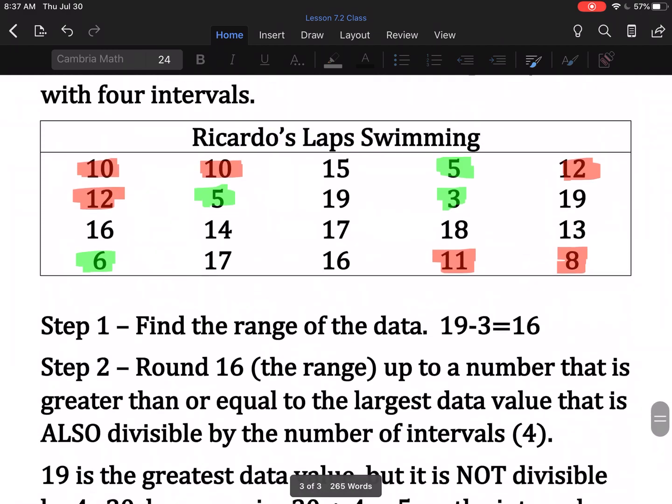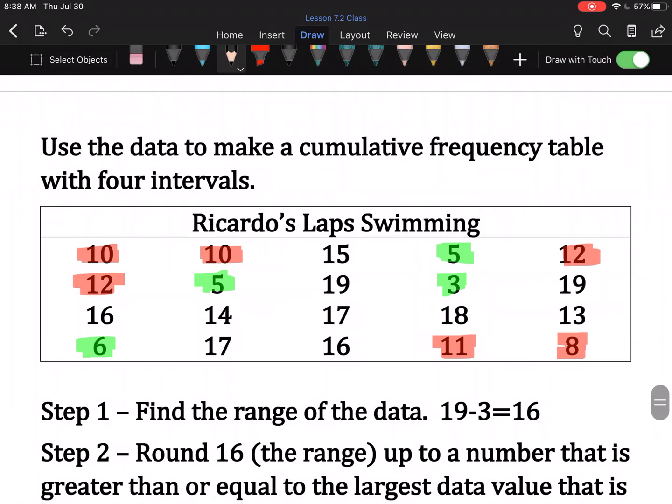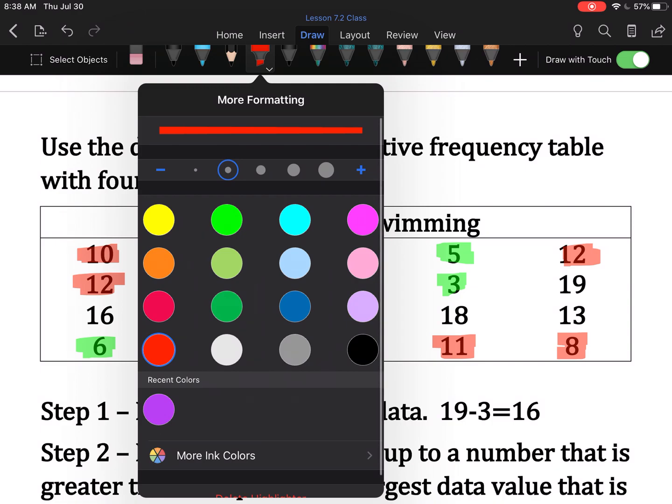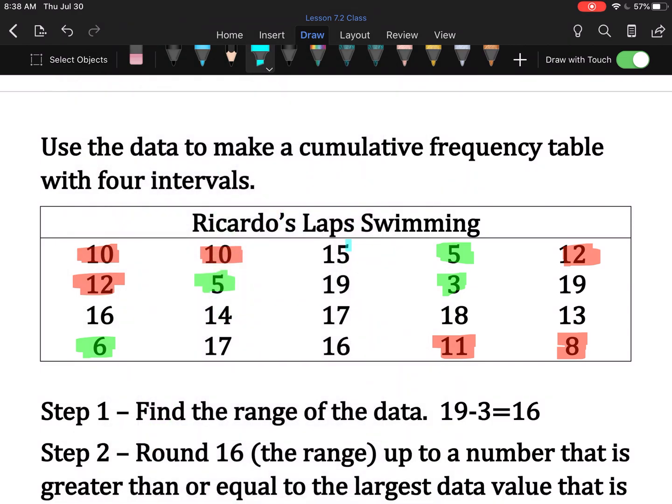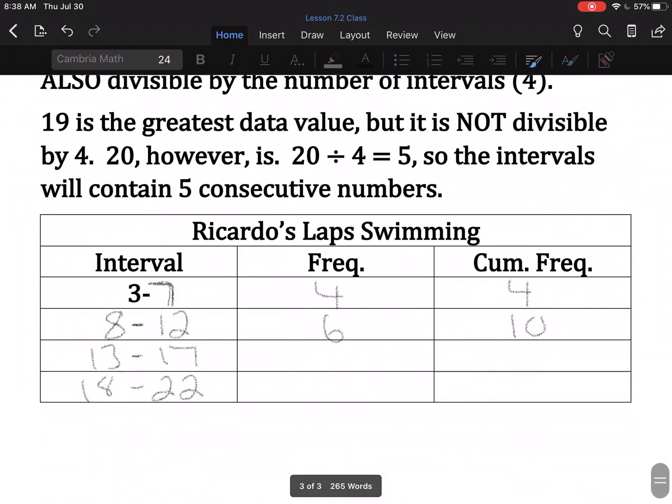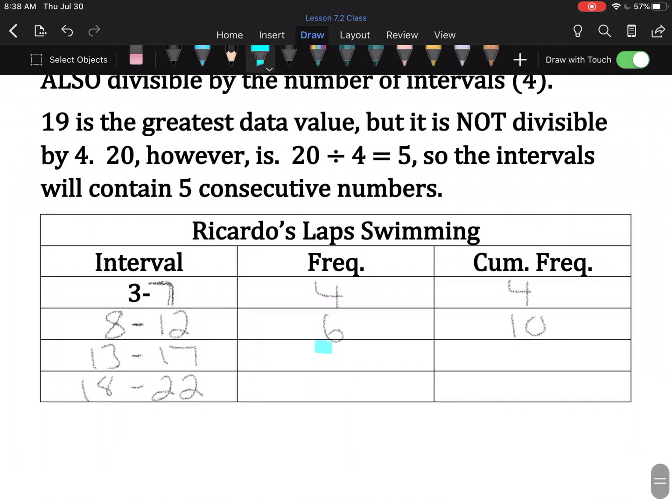Now I need 13, 14, 15, 16s, and 17s. So 15 is in that group. 13, 14, 15, 16, 17. So this is a pretty big group in this table. 1, 2, 3, 4, 5, 6, 7 numbers in this table fall in that group.